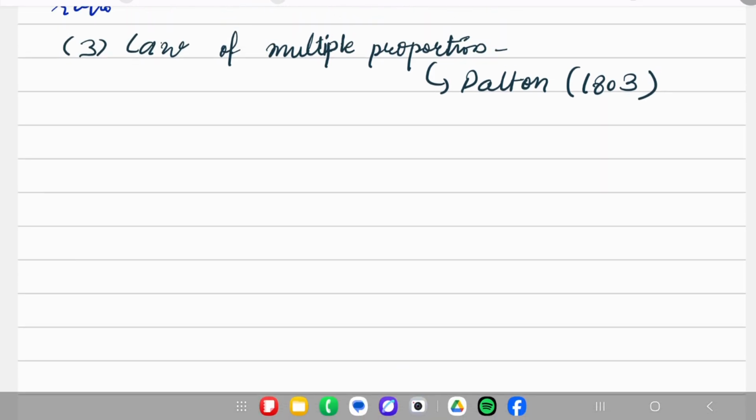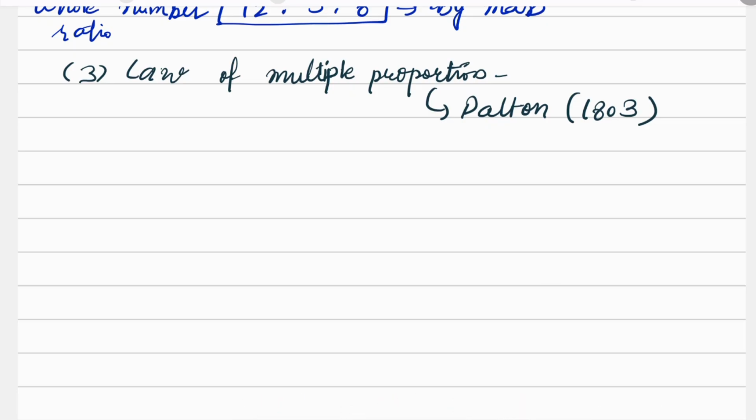This is actually similar to definite proportion. This says that suppose there are two elements, element X and Y. They can combine in different ratios.